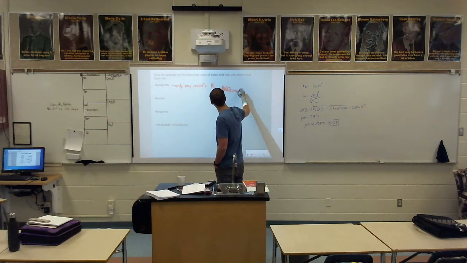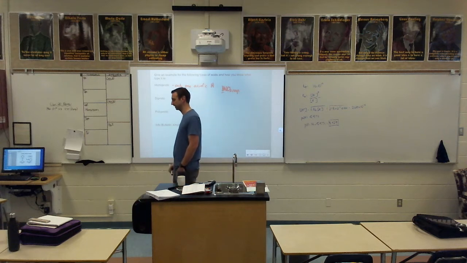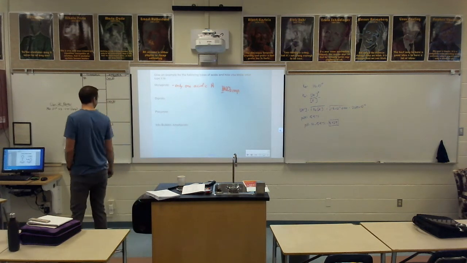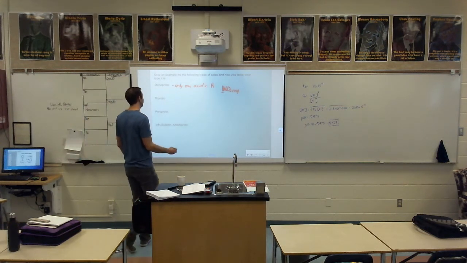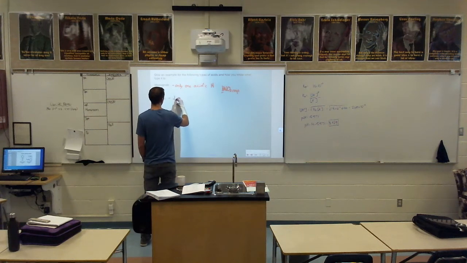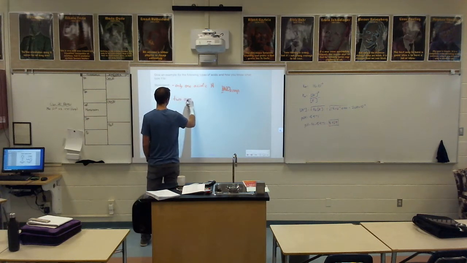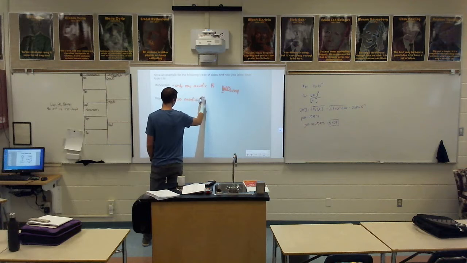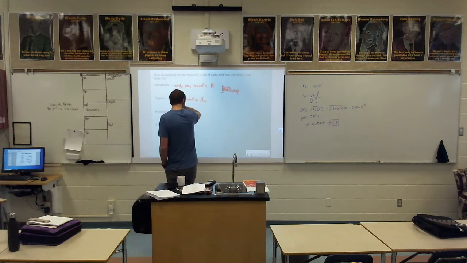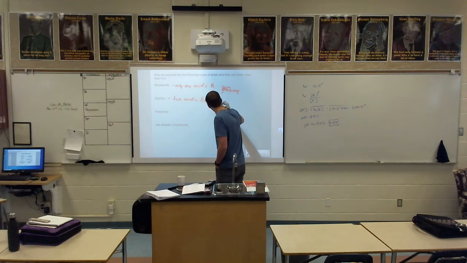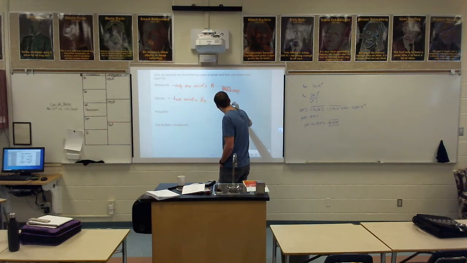That would be monoprotic. I only have one acidic hydrogen. Compare that to something that's diprotic, where I have two. Two acidic H's. So H2SO3 would be a great example of that. I have two protons that can be given.